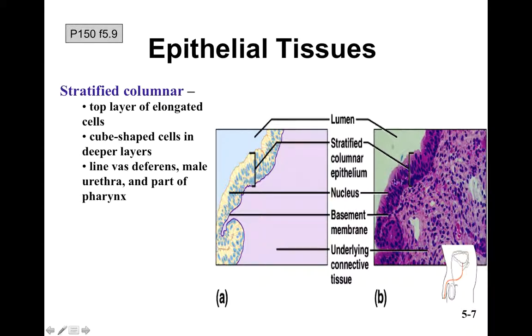But it is still columnar cells, and there's more than one layer of them. Okay, there's a couple layers of them here. Generally, if it looks like this, and there's no cilia, assume it's stratified columnar. If there is cilia, assume it's pseudostratified ciliated columnar.